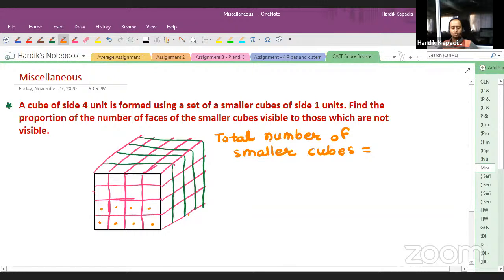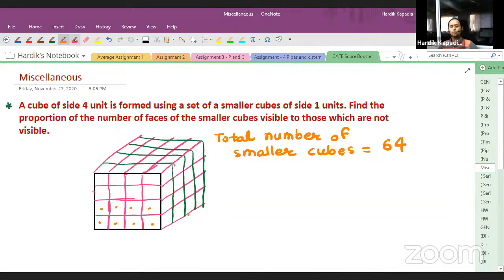How many smaller cubes are there? 1, 2, 3, 4, 5, 6, 7, 8, 9, 10, 11, 12, 13, 14, 15, 16. 16 into, obviously, into 4 sides. 16, 16, 16, 16. So 16 fours are 64.